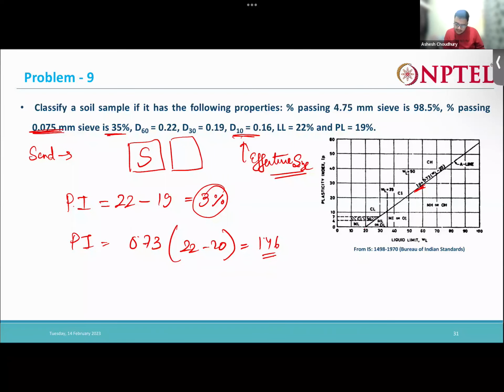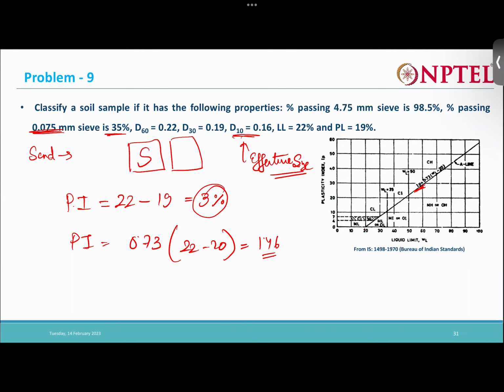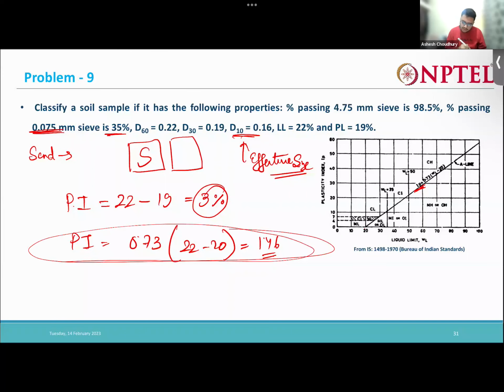It is 3%, right? If you see this graph, where will it fall? Our liquid limit is 22%, so it is here, and our plasticity index is 3%, so it will be somewhere here, right? So it is very low plastic. The plasticity is very low.